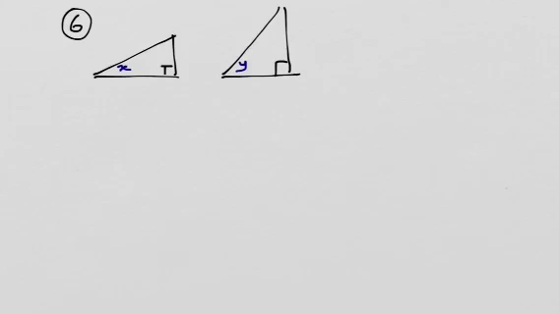Question 6. Take the two triangles and separate them. We know from the diagram that this is side 4 and this is side 3, and we also know from the diagram that this triangle is side 4. Let me draw you what we had to start with: 3, 4 and 4.